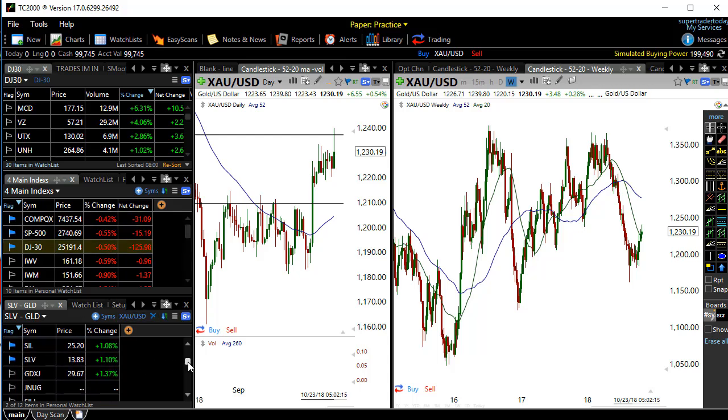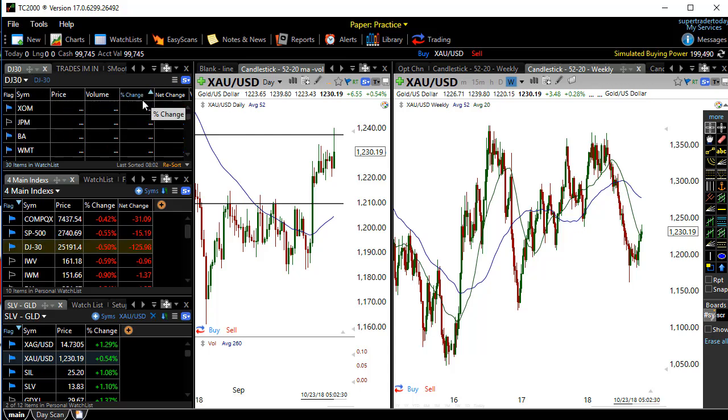And then I also have things like the GDXJ, JNUG, and things like oil as well. Then also the HUI, things to do with silver and gold, things to do with the markets over here. Makes sense? And then I can also see which ones are the bigger movers.